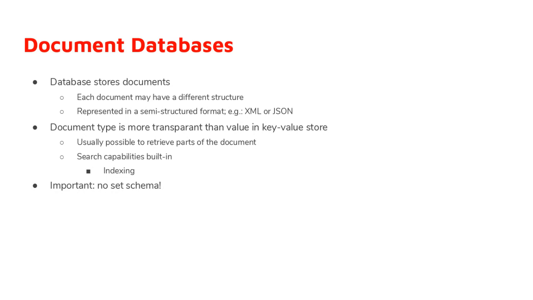So if you have all these user profiles and you just want the user names, that's also possible with a document type database. Often some type of search capability is built in, so that you can search all documents efficiently. That's with a kind of inverted index we also saw in the lab session during the algorithms and data structure presentation.